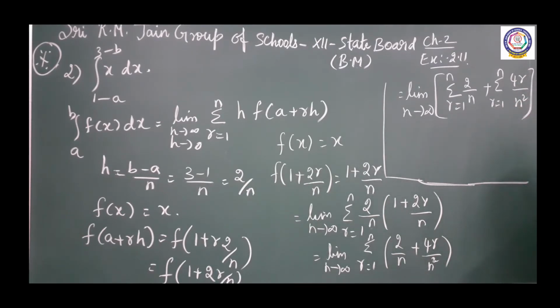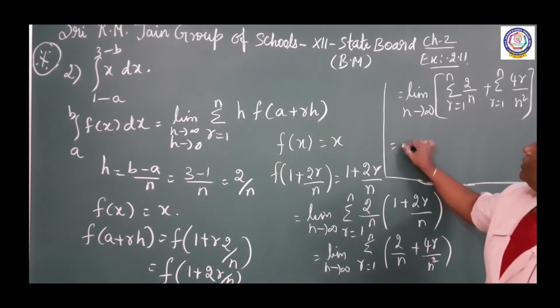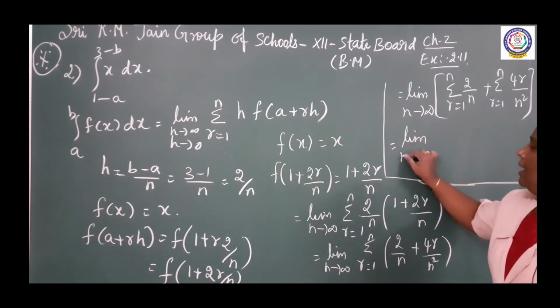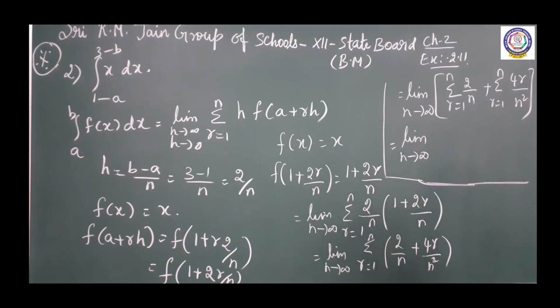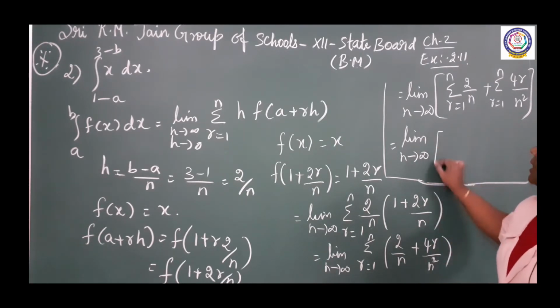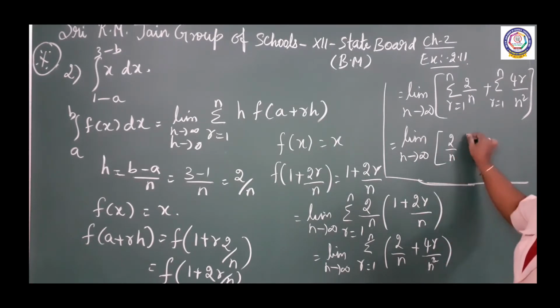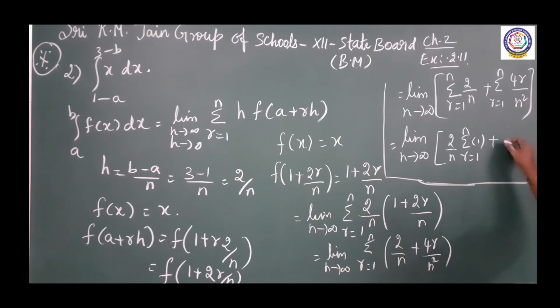So it gives limit n tends to infinity. You can take 2 by n out, sigma r equal to 1 to n, 1, plus 4r by n square, you can take out, sigma r equal to 1 to n.